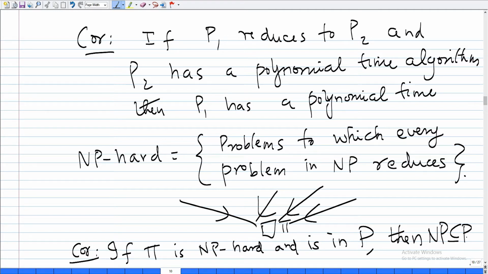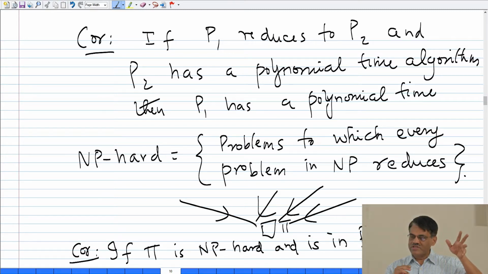right? Because of this corollary, if pi is NP hard, every problem in NP reduces to this, and if this problem has a polynomial time algorithm, then every problem in NP has a polynomial time algorithm. That is what this corollary said. Okay. If there is such a problem at all, we haven't still shown that there is such a hard problem.